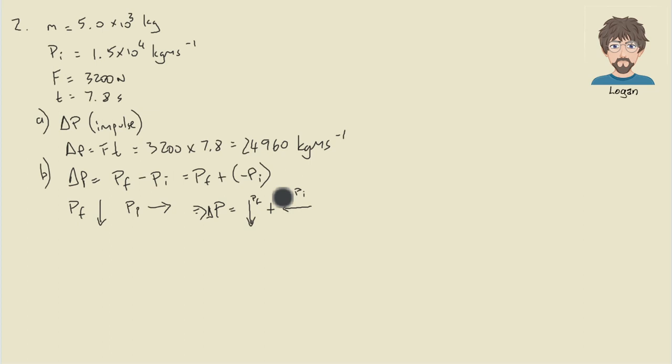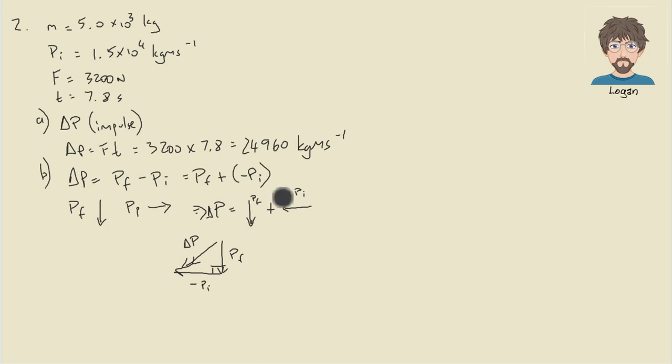So now they wanted a labeled vector diagram. So we need this plus that equals that, and they're at right angles to each other. So this is p_f, negative p_i.